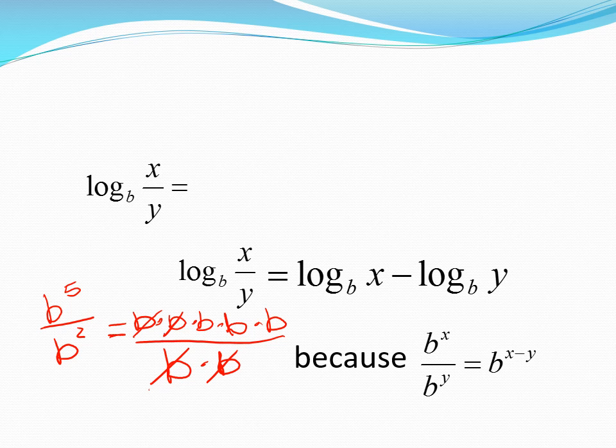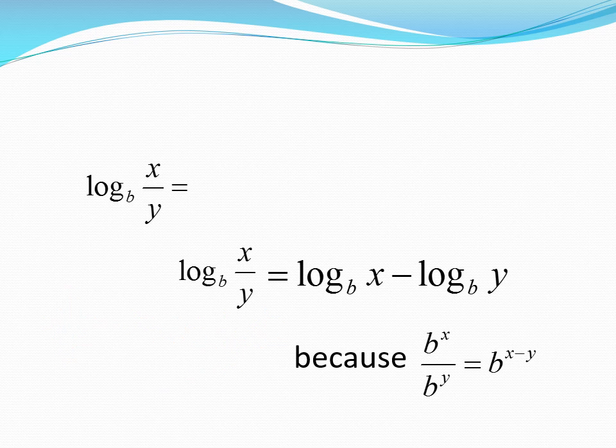Right? You can cancel out, and it ends up just being the same as the difference of 5 minus 2 is 3. Okay? So because that works, it works the opposite direction with logs. If you have a quotient inside the log, you can turn it into a difference outside because the powers are being subtracted and the output of a log is a power.